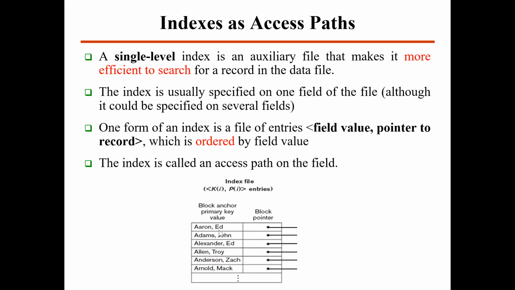Here it means that we have selected the name as a key field to make our index, and then the block pointer will link this name with the complete record which is stored in the form of blocks in the file. Okay, so let's move further.